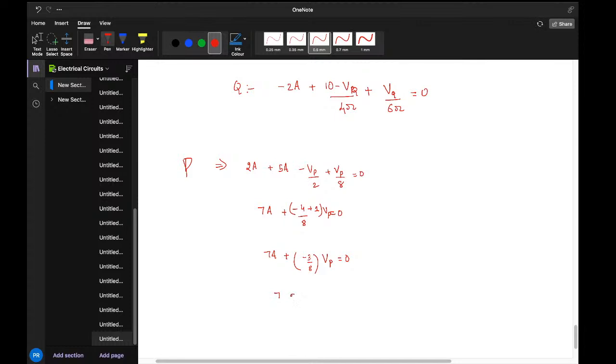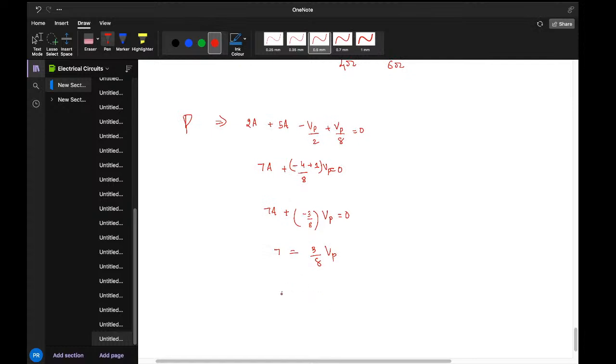So 7 equals 3 by 8 V of P. Therefore V of P is equal to 7 into 8 divided by 3. So it's 56 divided by 3.